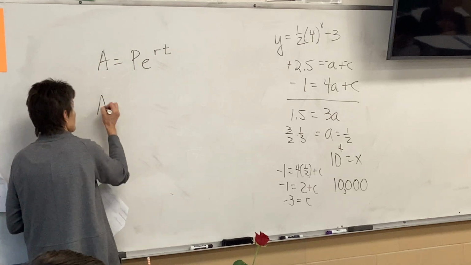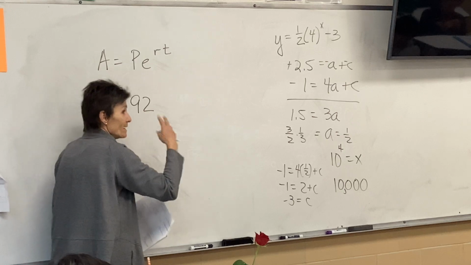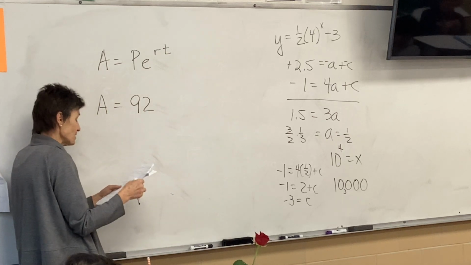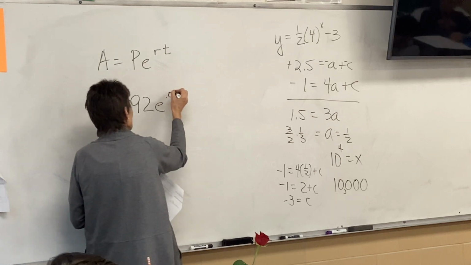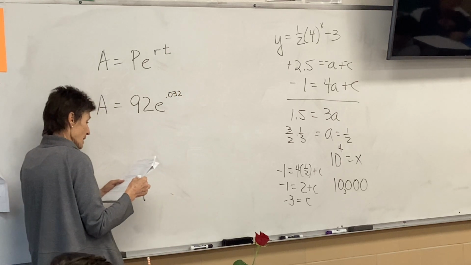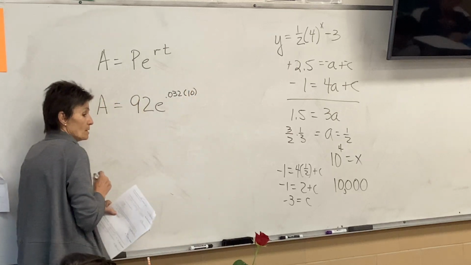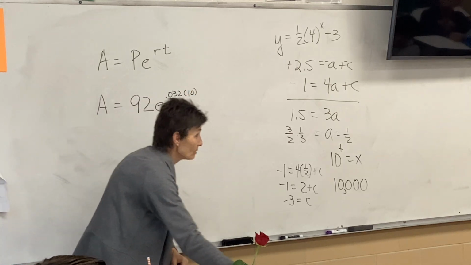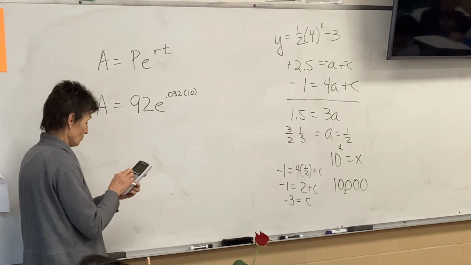So just plugging and chugging. My principal, that's my initial investment, is $92. My interest rate is 0.032. And 10 years, so T is 10. So I'm just going to type it in on my calculator. So 92.